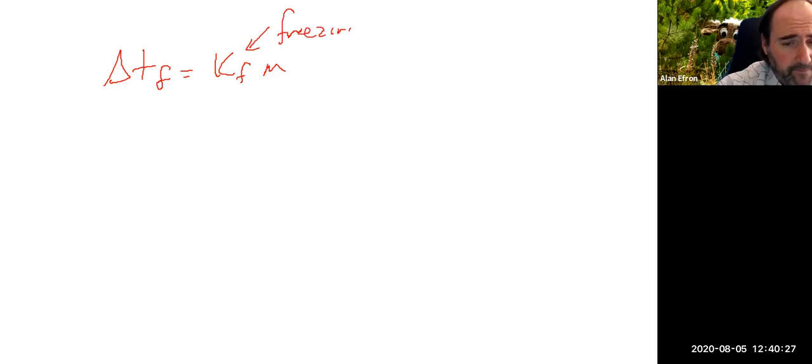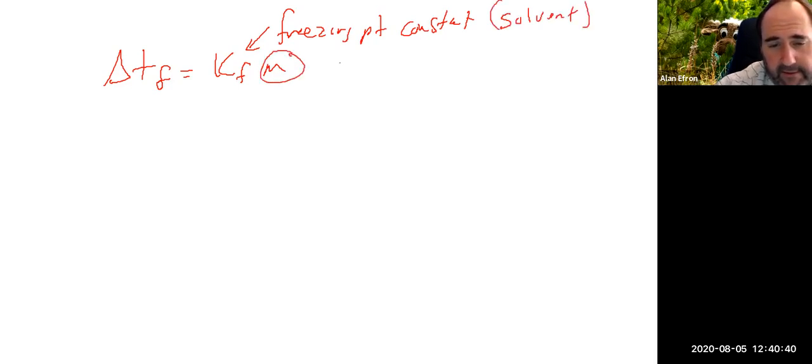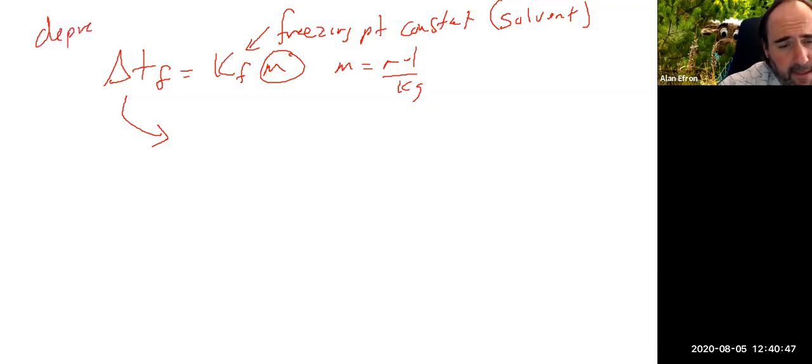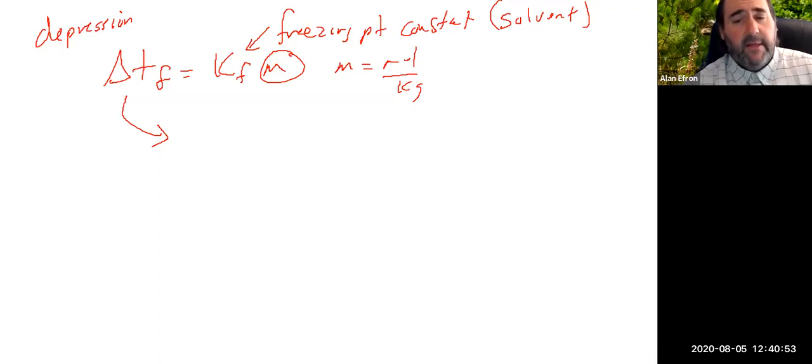And that is different than our freezing point, where we had delta TF equals KF times m, KF being our freezing point constant, again also based on the solvent. Our m again is our molality, which is moles per kilogram. And this is freezing point depression, which means our solution will freeze at a lower temperature than the solvent normally would.